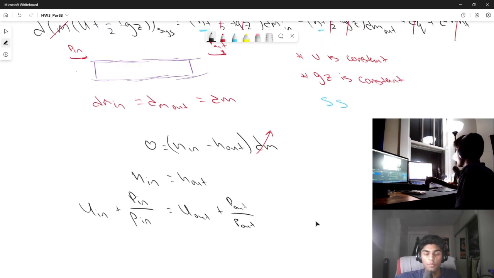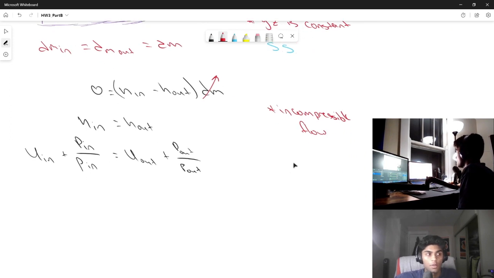Since we have a steady state reaction here, and especially an incompressible flow, this means that the density does not change. So our rho in is equal to our rho out.